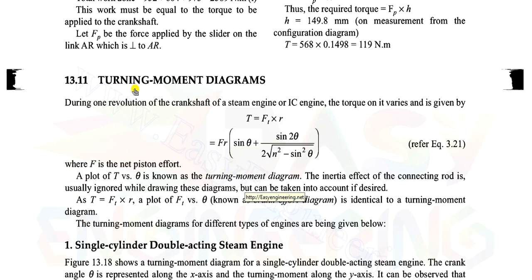So now what is a turning moment diagram? If you plot this turning moment with respect to theta, the diagram is called the turning moment diagram. So a plot between T, meaning turning moment or torque on the crankshaft, versus theta.